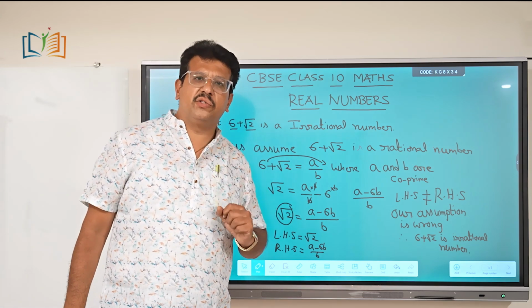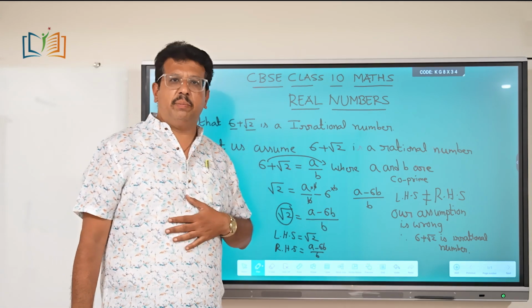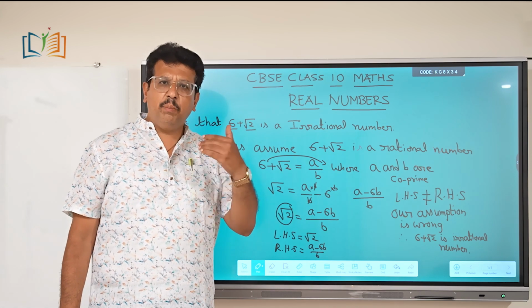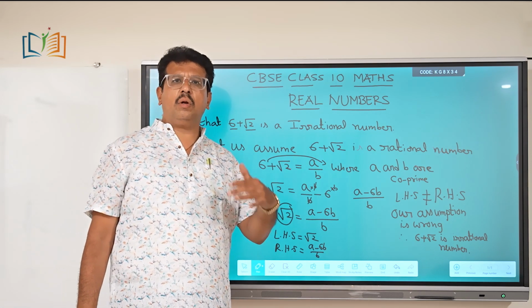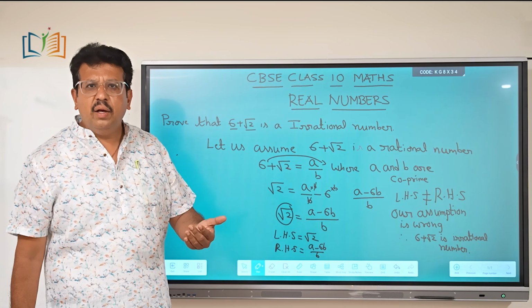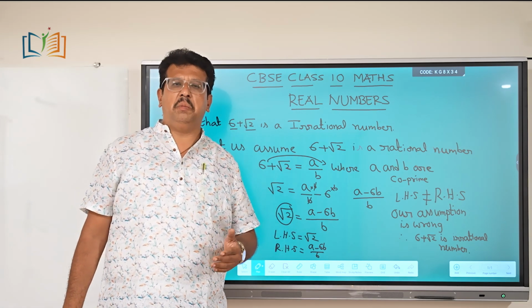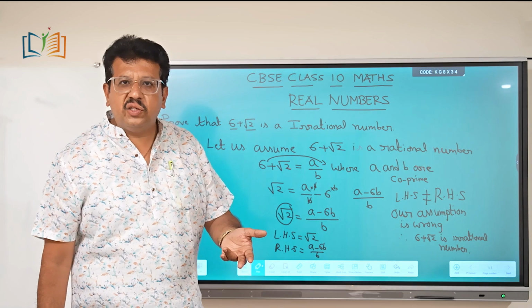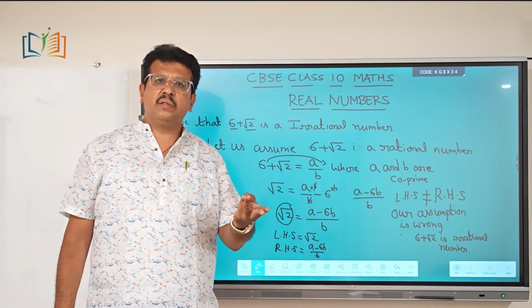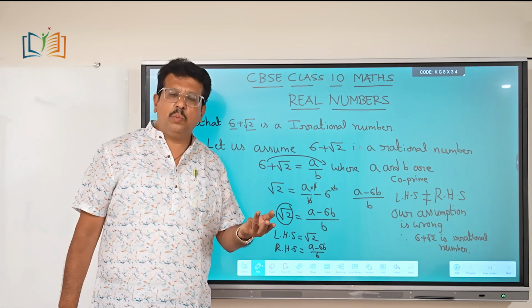So this completes your real numbers chapter. I have completed all the concepts. Let me recall what all concepts are there. The first concept is how to expand the prime factors, which I explained to you. The next concept is about HCF and LCM. The third concept is product of HCF and LCM equals product of two numbers.